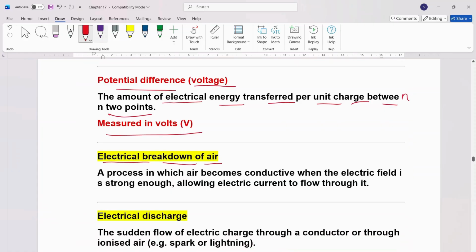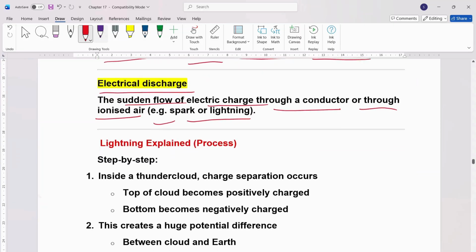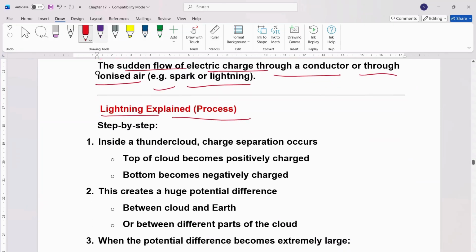Electrical breakdown of air, a process in which air becomes conductive when the electric field is strong enough, allowing electric current to flow through it. Electrical discharge, the sudden flow of electrical charge through a conductor or through ionized air. Example, spark or lightning. Lightning: explain the process. You have to understand and learn all these, as they can be tested in the exam.